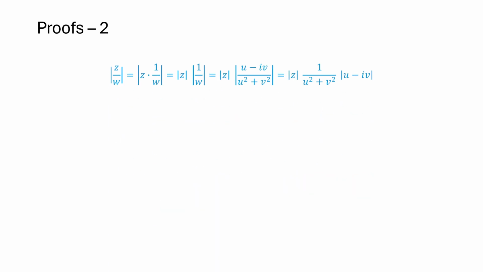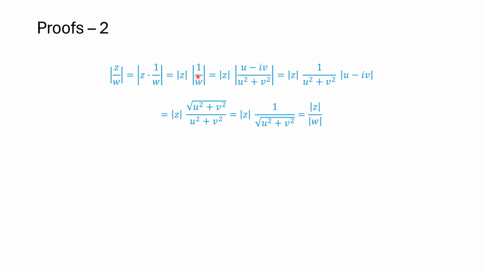On this slide, we have the proof of a few more identities. The first one here, the modulus of z over w, we just break it up as z times 1 over w. Then we use the previous identity that the modulus of the product is the modulus of one times the modulus of the other.